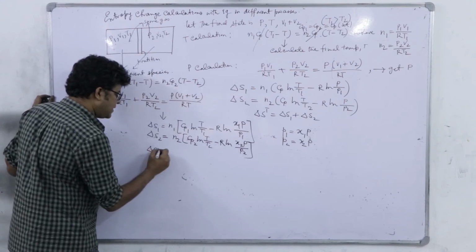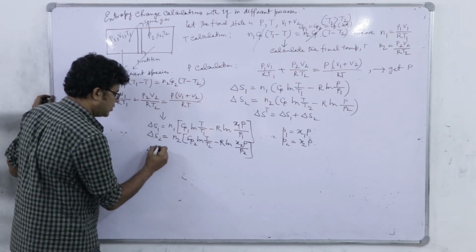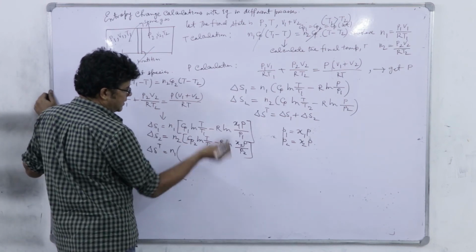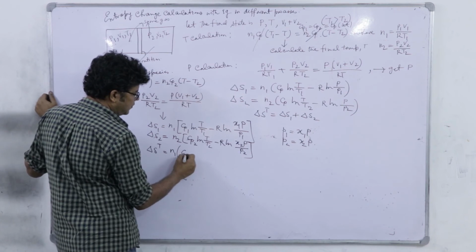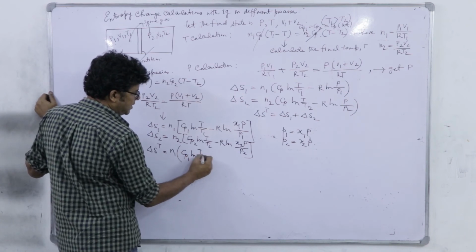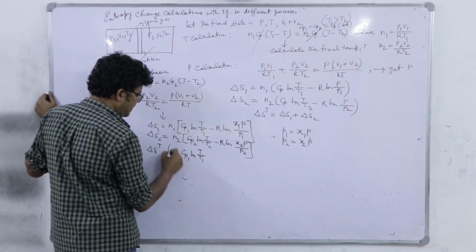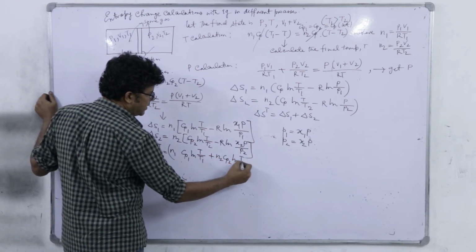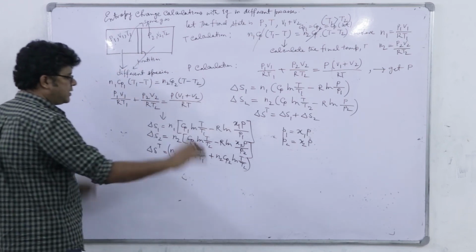If I add these two now, delta S total is equal to, let us isolate the temperature contribution and pressure contribution: N1 Cp1 ln T by T1 plus N2 Cp2 ln T by T2. That is the pure temperature contribution.